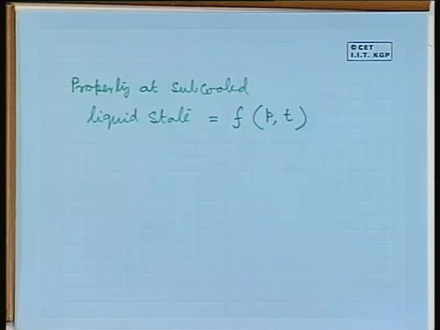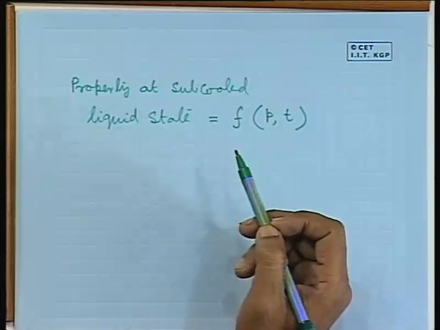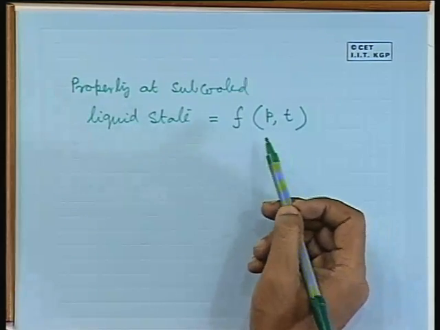In general, this is true, as I have discussed earlier, that for a pure substance, if it is in a single phase condition, then the property will be dependent on two independent thermodynamic properties. Two independent thermodynamic properties which are easy to measure, let us say, are pressure and temperature. So, any property of the subcooled liquid state can be expressed as a function of pressure and temperature.